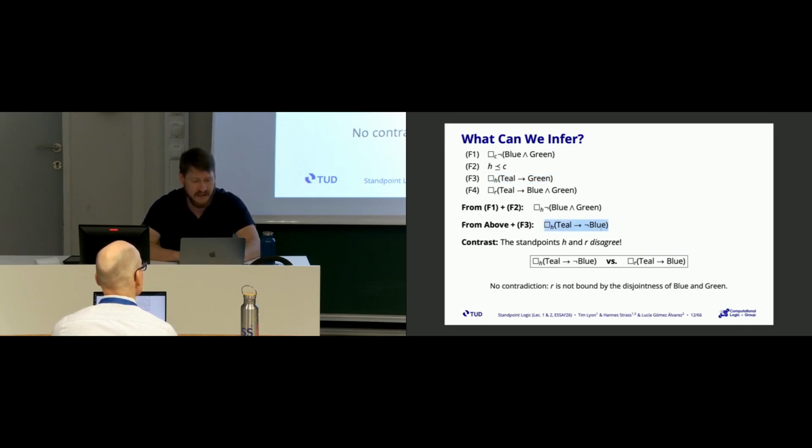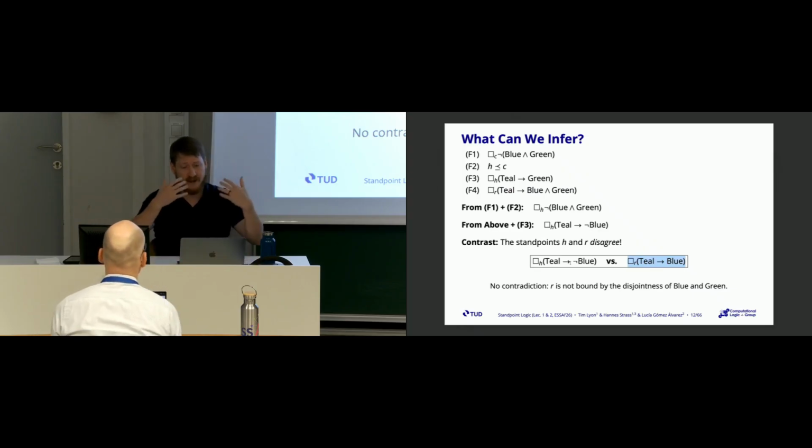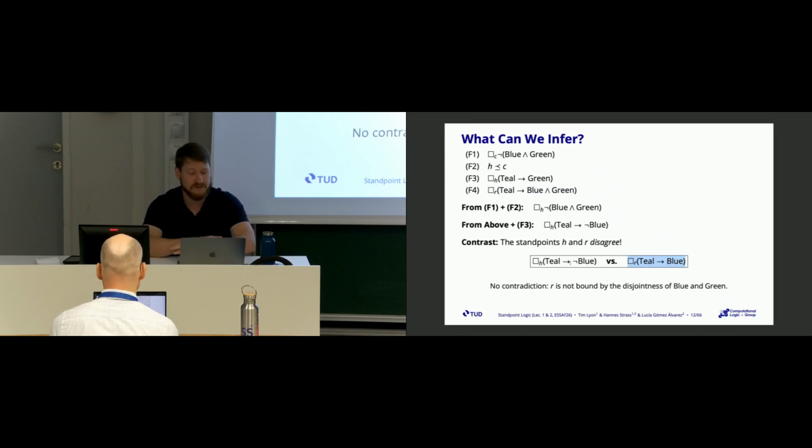Okay? And we can see that this contradicts or is inconsistent with standpoint R, where if something is teal, then it's blue and green, or a fortiori, therefore it's blue. Because from the house painting perspective, if one were to witness a teal object, they would call it not blue, based on the way they're using language and applying predicates.